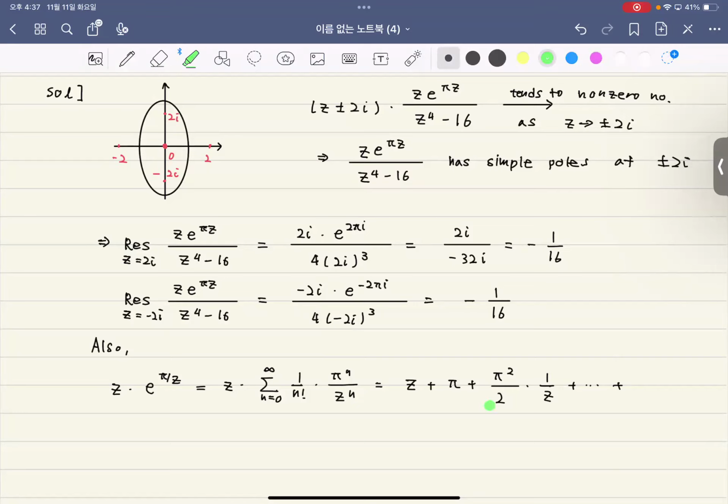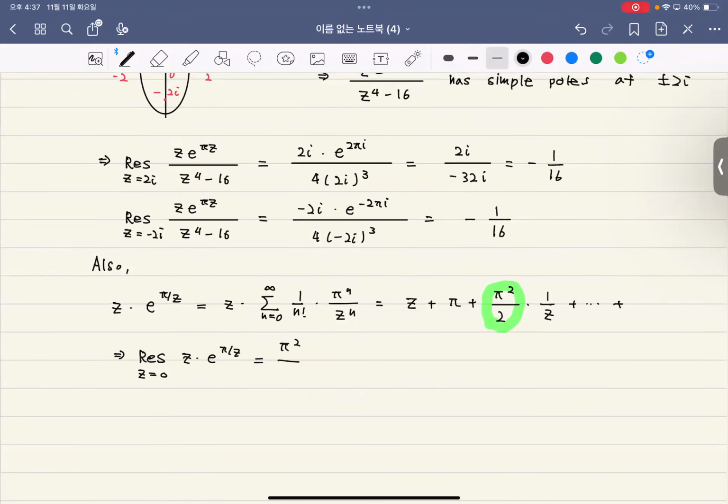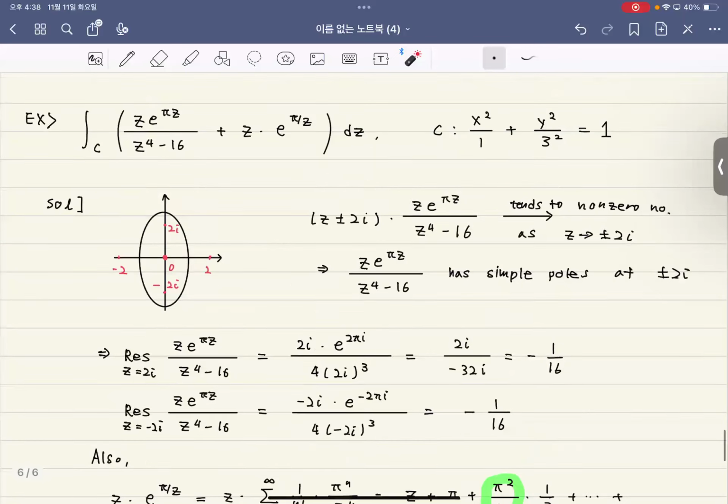So this implies this should be our residue: z times e to the pi over z has residue pi squared over 2. Therefore, all you need to do is take the sum of these 3 residues and multiply by 2 pi i, and that is going to give you the integral, okay?